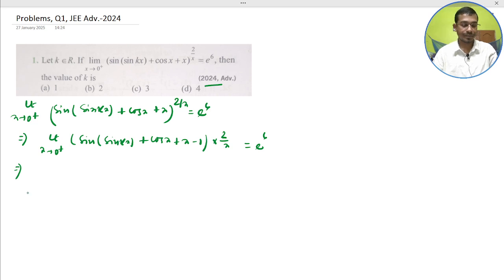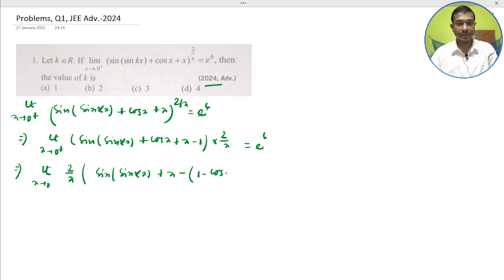Now limit x tends to 0, 2 by x should become first: sin of sin kx plus x minus 1 minus cos x. This should be 6. We just apply a limit formula already discussed in the chapter summary class.